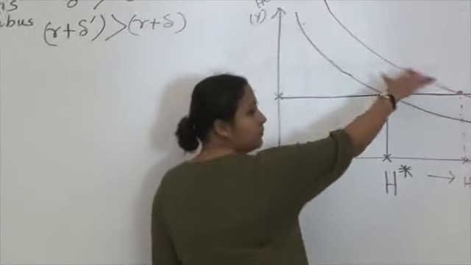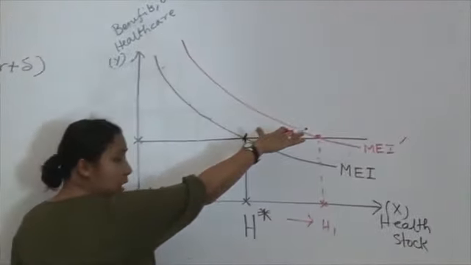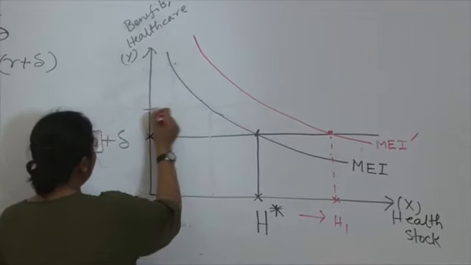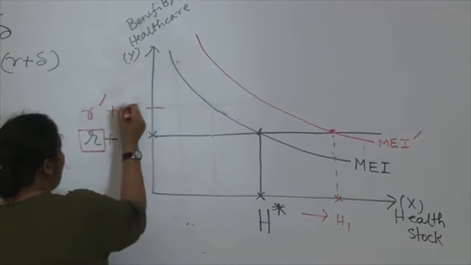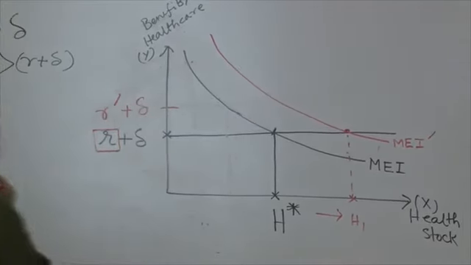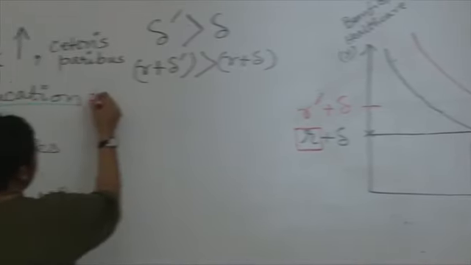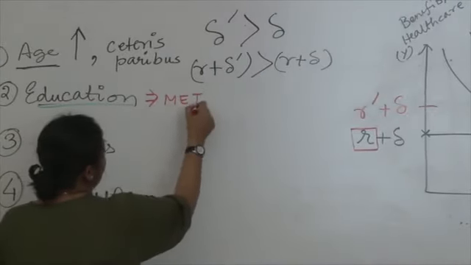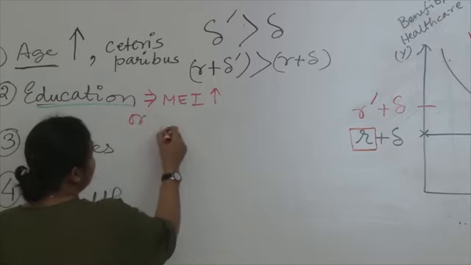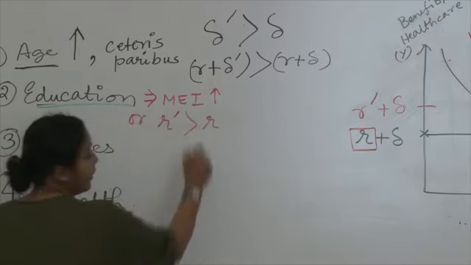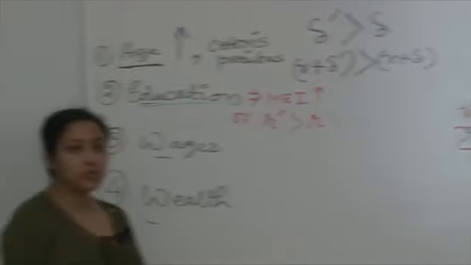Do you see what I am saying? So here it is not just about a higher MEI curve, but it could also mean a higher opportunity cost, so MEI higher, or it could mean R dash is higher for education.